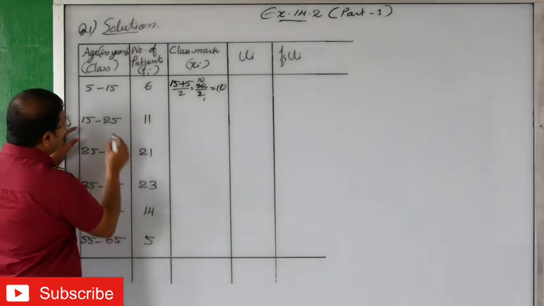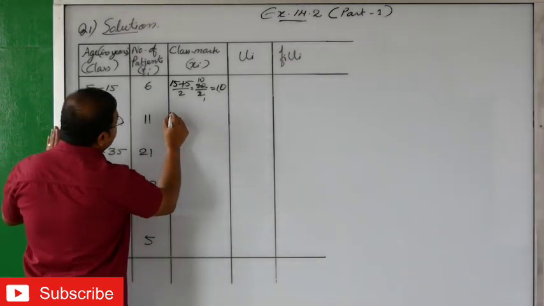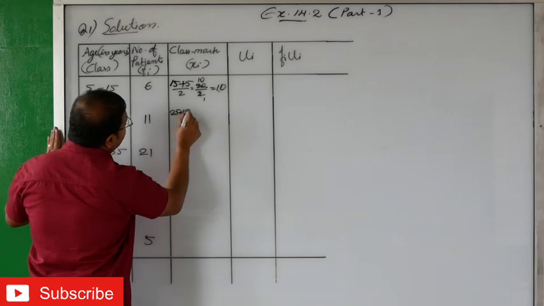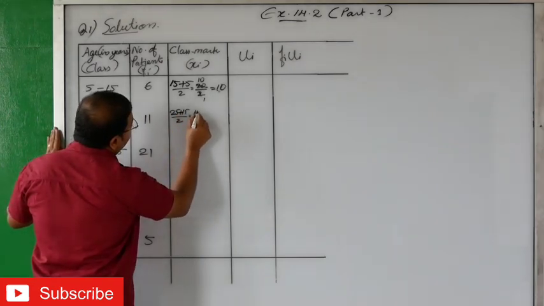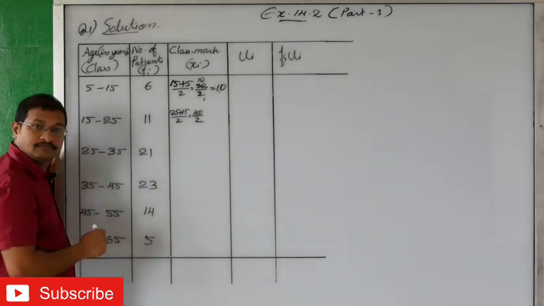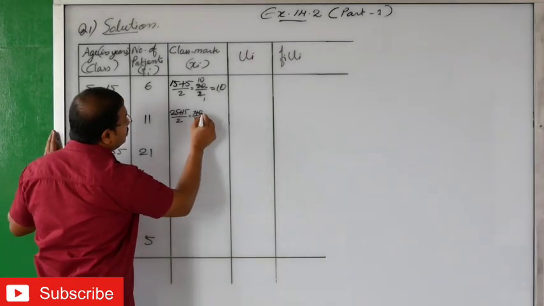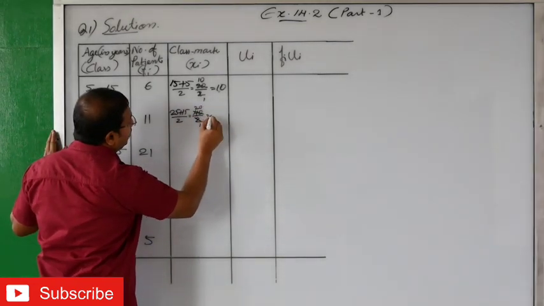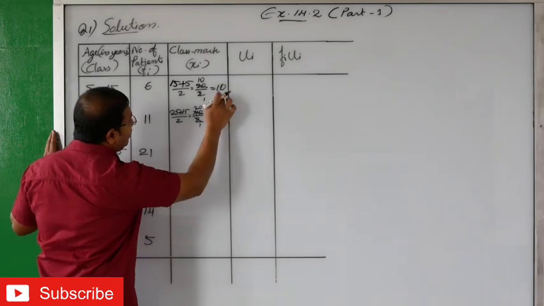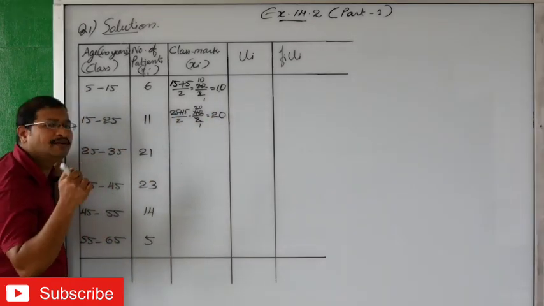Ready? Next what will you do? 25 plus 15 divided by 2 equals 40 by 2. We'll cancel by 2. 2 ones are 2, 2 twos are 4. Now 0 will be written. That means 20. So we got 10, 20. Next will be 30.